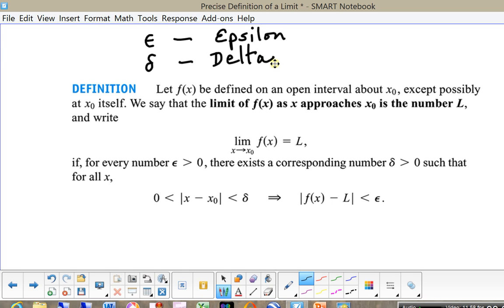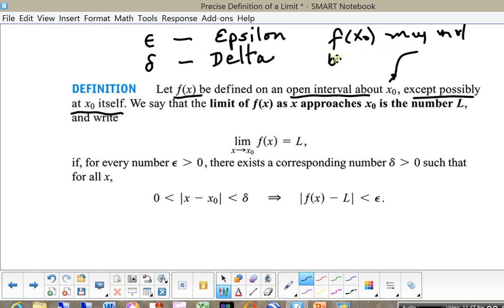First, let f of x be defined on an open interval about the number x naught, except possibly at x naught itself. In other words, it's possible that f of x naught may not be defined, although most often it is.